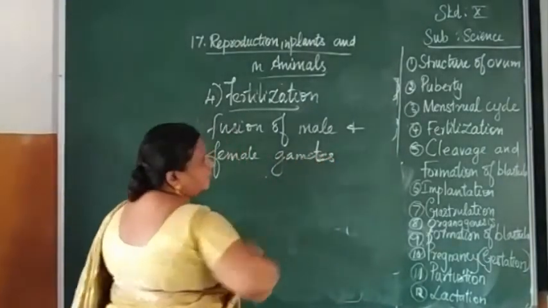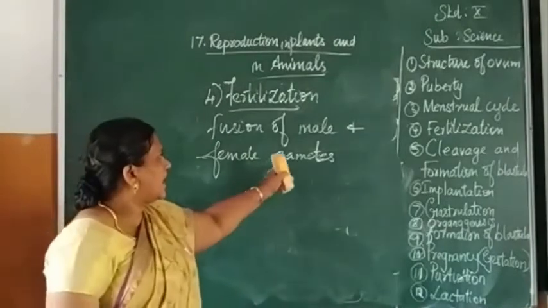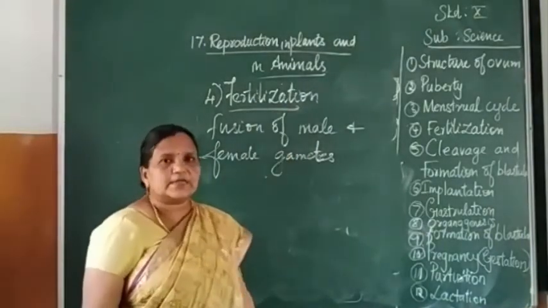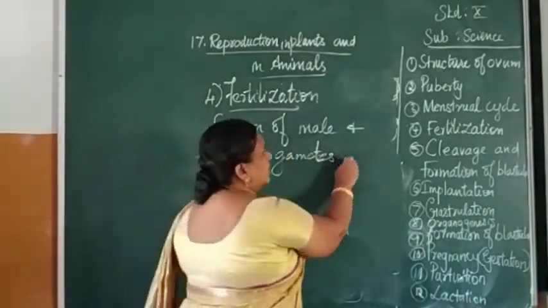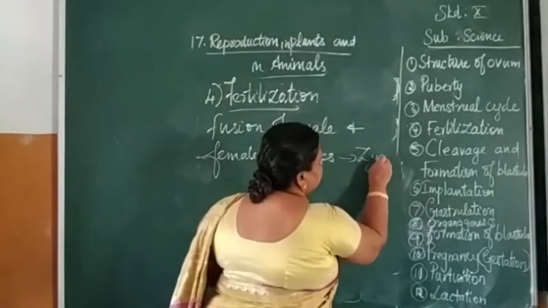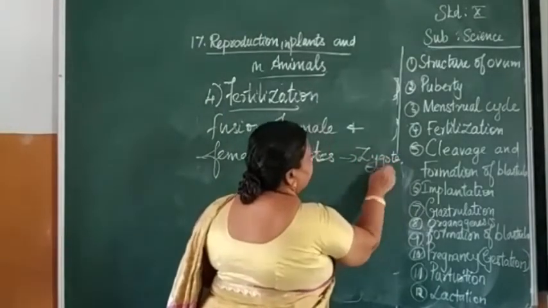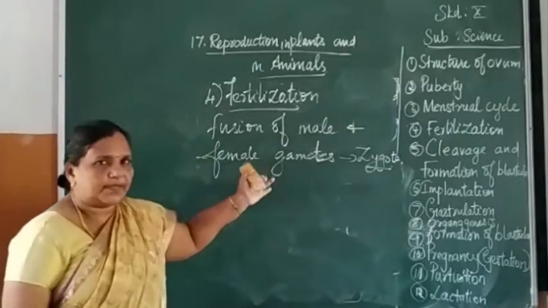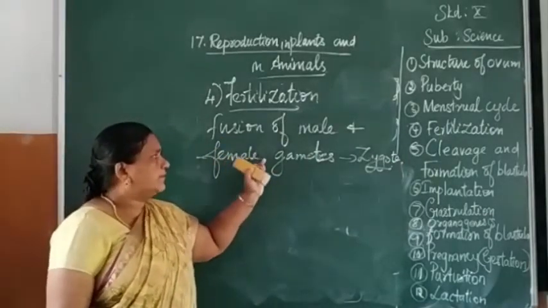Fusion of sperm and the ovum will happen in the fertilization process. So finally we are getting the zygote. The zygote will be formed by the fusion of male and female gametes.